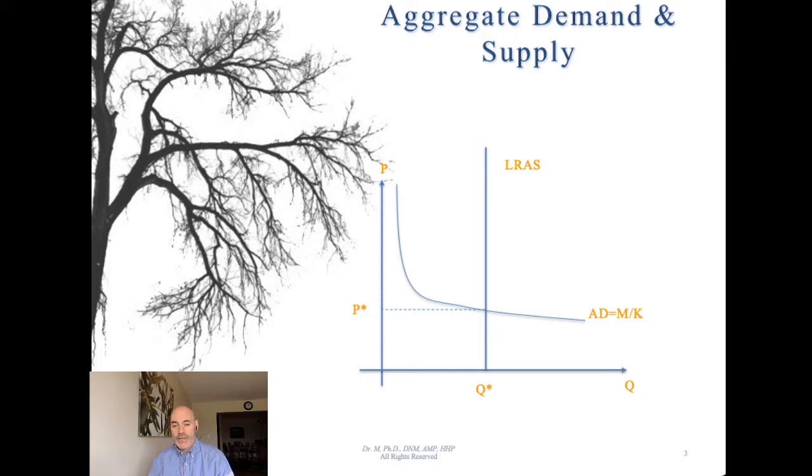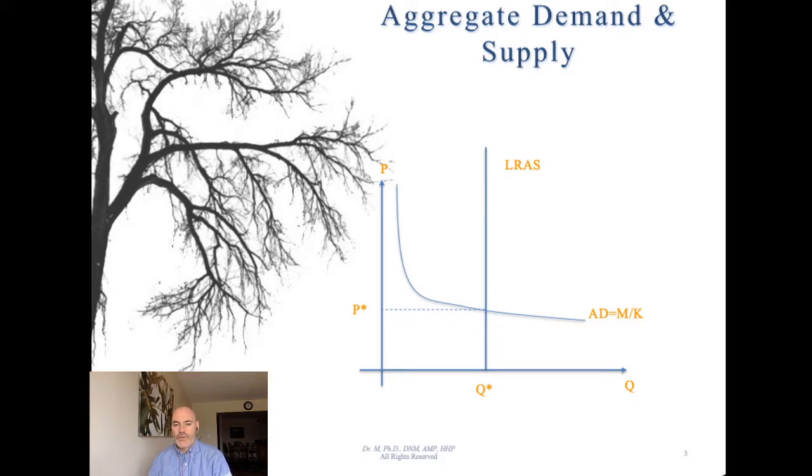Now, aggregate demand, as you see, is a rectangular hyperbola, and basically the price on the star and Q on the star are the long run equilibrium price level and output level accordingly.